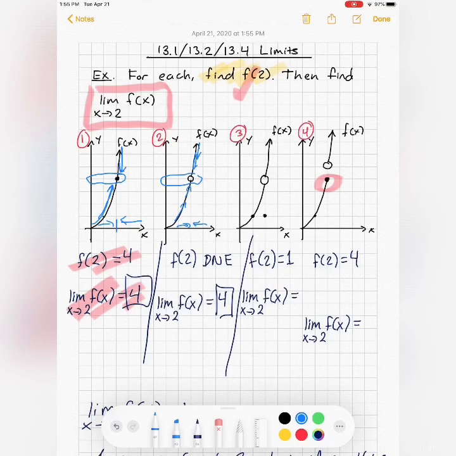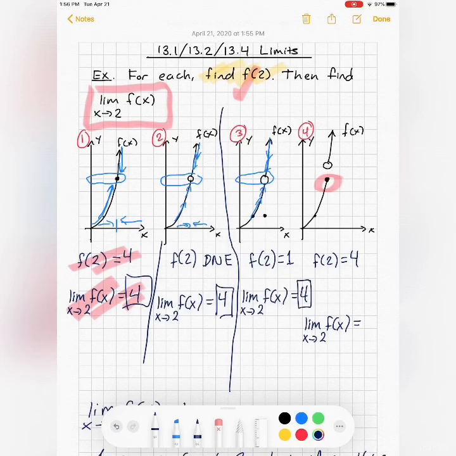Okay, what about number 3? Okay, so again, getting close to x is 2, the y is still getting close to 4.